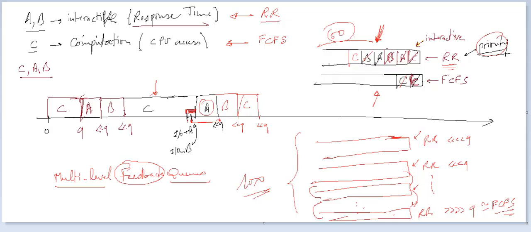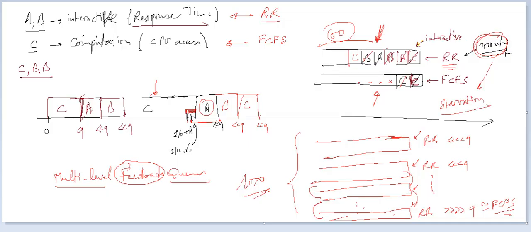The last thing to say is that when you use a priority-based algorithm, in this case with 2 levels, in this case with 100 levels, what could happen is that the processes on the second level with the lower priority could end up not being able to use the CPU. This is called starvation. So any priority-based algorithm suffers from starvation.